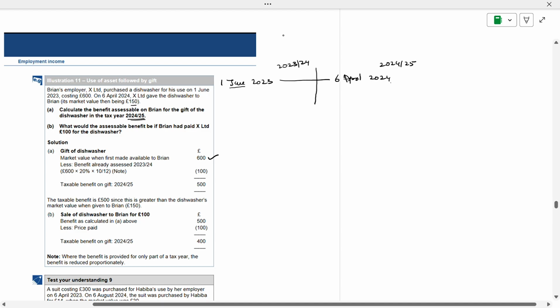They have given it in June, so pro rata basis. See the thing: 600 at the rate of 20% for 10 months. Already it has been taxed, 100. We have deducted that. Now what is the taxable benefit? The taxable benefit is only 500.